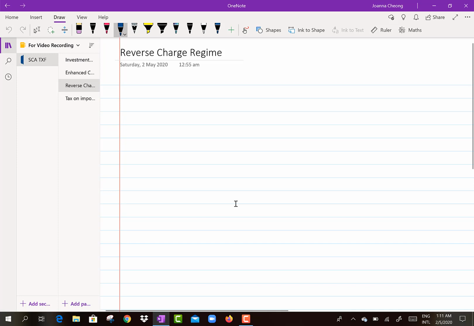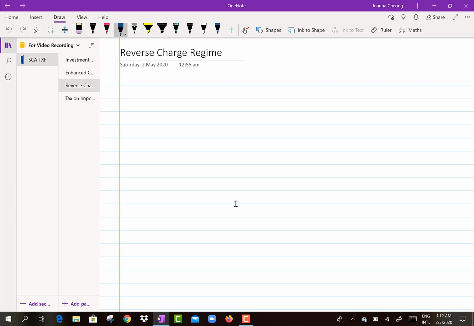Like what I mentioned, the RC regime is actually for transactions between B2B. If an overseas supplier of digital services were to supply digital services to a local GST registered business in Singapore, they will need to go by this reverse charge.